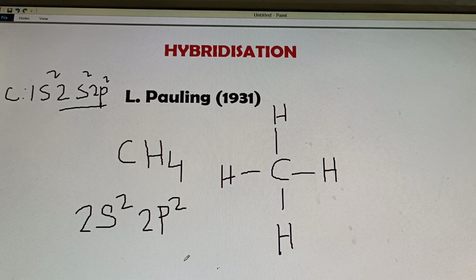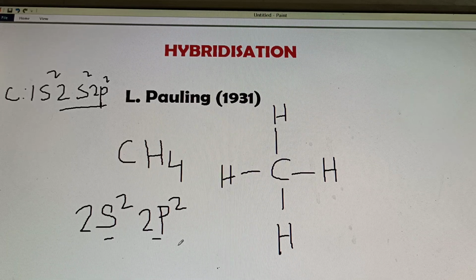So if it forms bonds, as 2 different orbitals are there, s and p, different bonds could be formed.